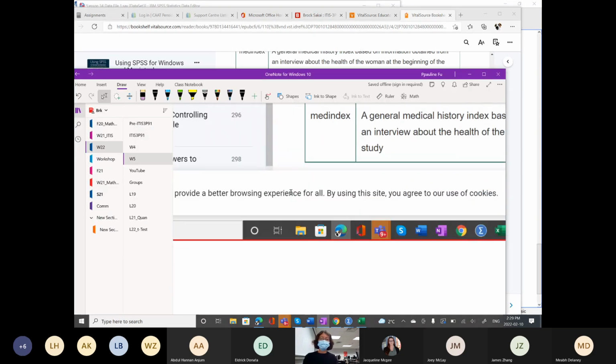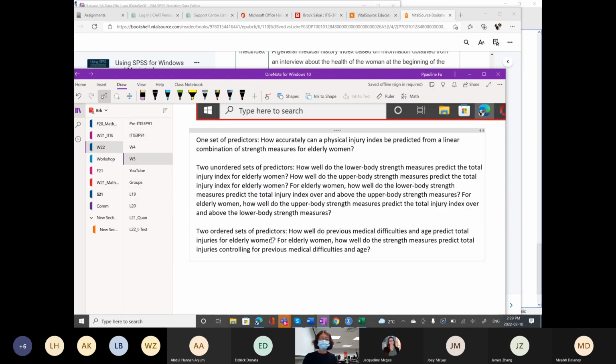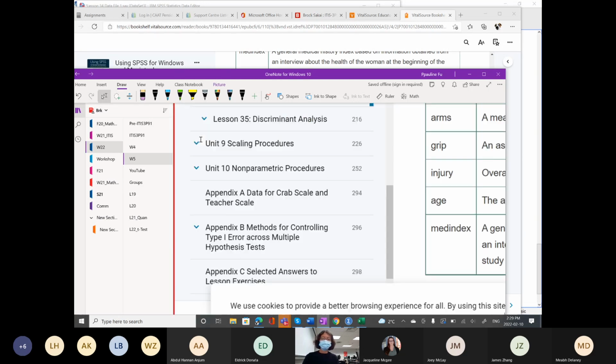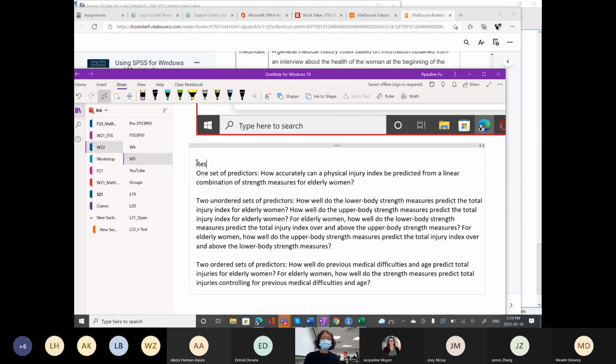We answer the first question first. So we want to see how accurately the physical injury index can be predicted from a linear combination of strength measures for people. So this is our research question.